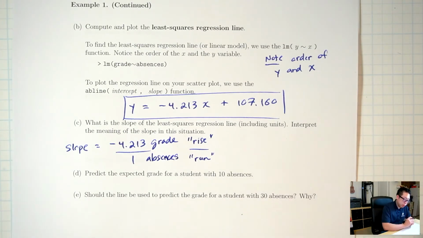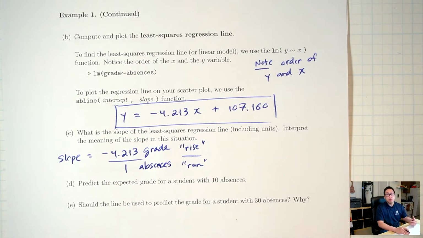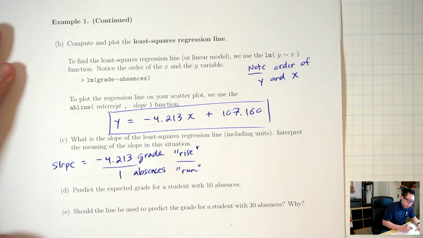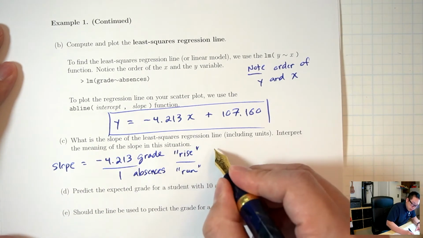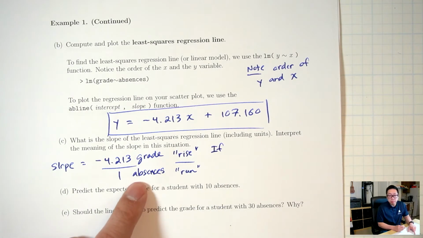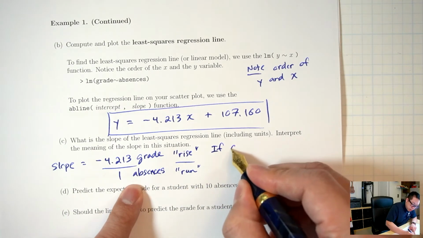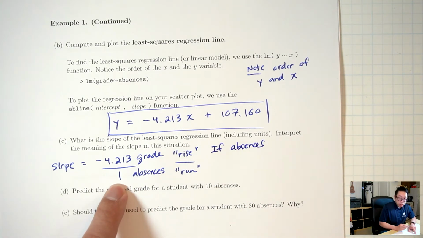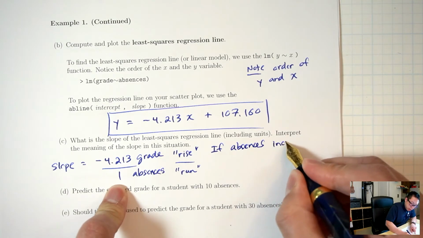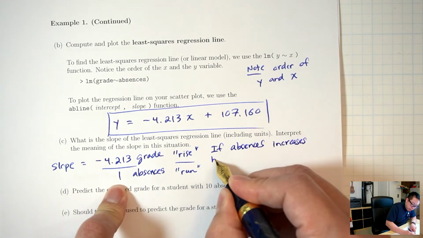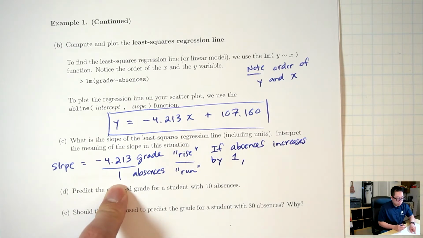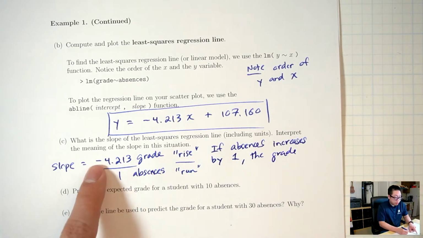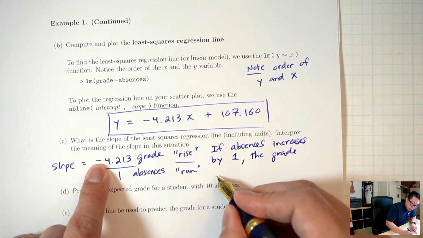And then interpret the meaning of the slope in this situation. The slope tells us the rate of change. It tells us if one variable changes, how the other one changes. So one way to interpret this is to say, I'm going to start with the bottom. If the absences increase by 1, the grade, it's negative, so I'm going to say it decreases.